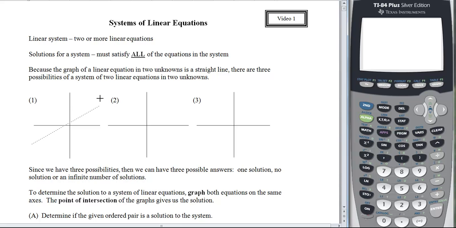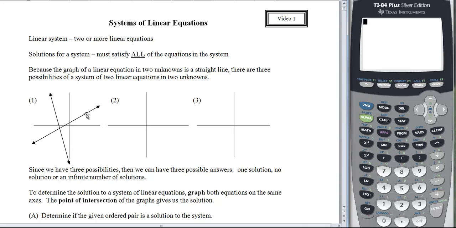I could have one line going that way, and another line coming this way. This particular point right here, where my little crosshairs is, is a point that both of the lines have in common, and that would be a solution to the system.